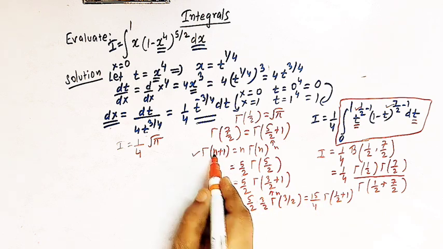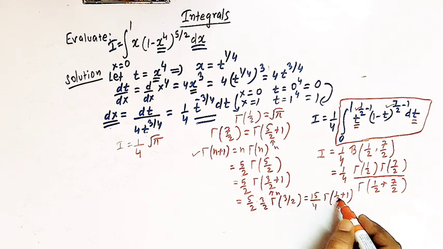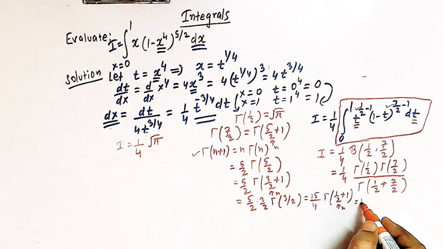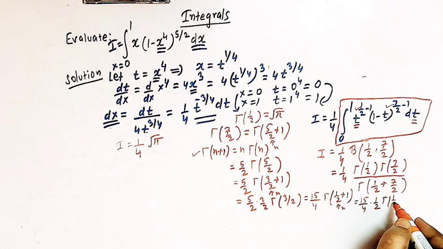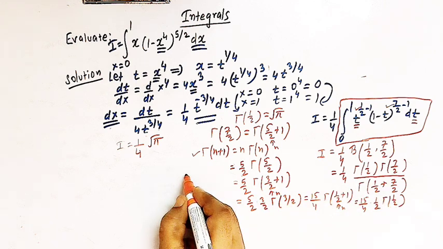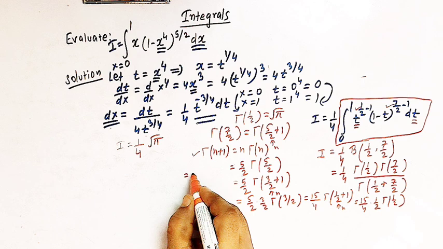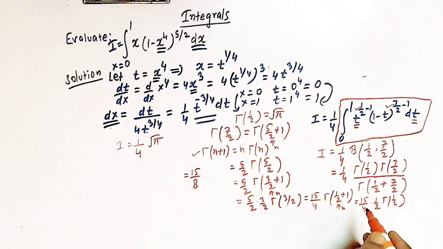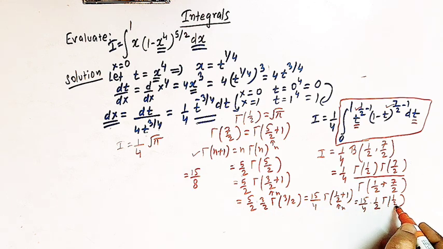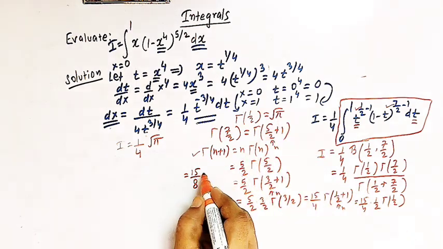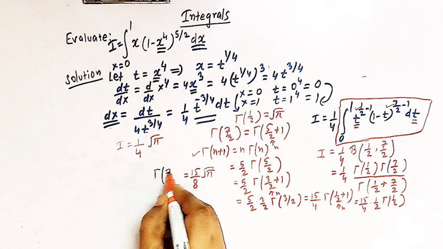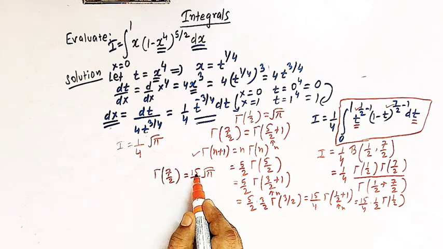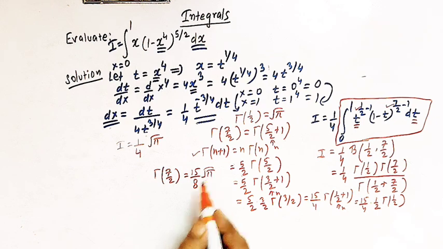So again, using this result, we have n is equal to half. So we have 15 by 4 times half and gamma of half, right? So this is now equal to 15 over 8. 4 times 2 is 8, and gamma half is equal to square root of pi, right? So gamma of 7 by 2 is equal to 15 over 8 times square root of pi.